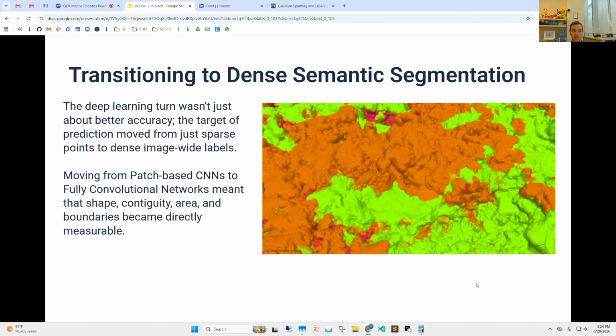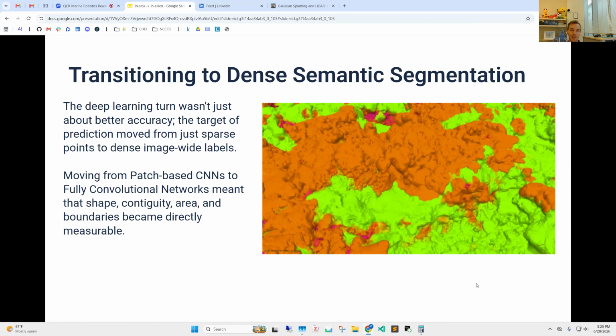And when ecologists need to measure things like colony shape, maybe contiguous area, or complex boundary interactions, they can't really use pixels or point annotations. Point annotations have a very specific role. They can only provide certain spatial metrics. And if you want those other metrics, you need to use different types of annotations.